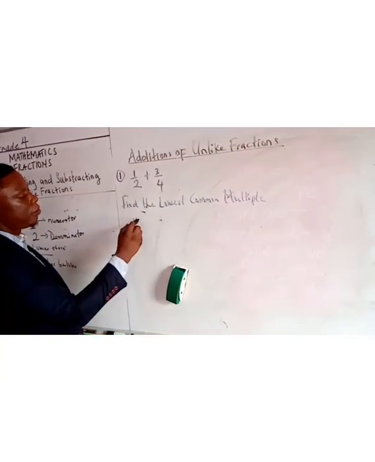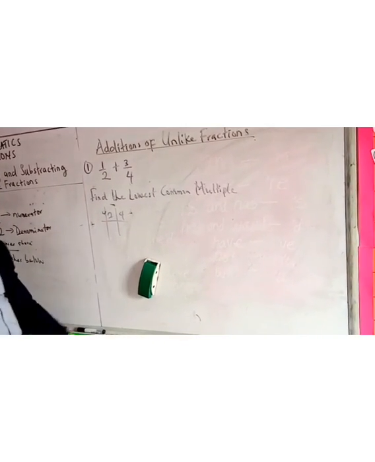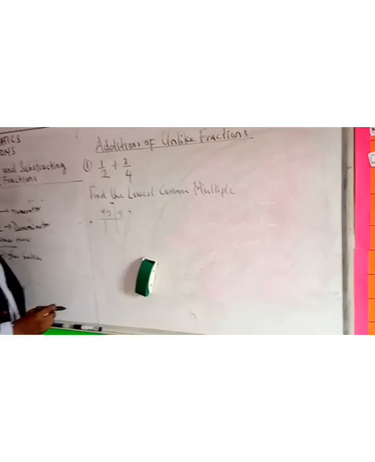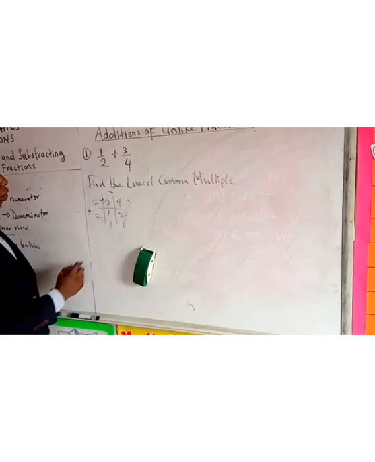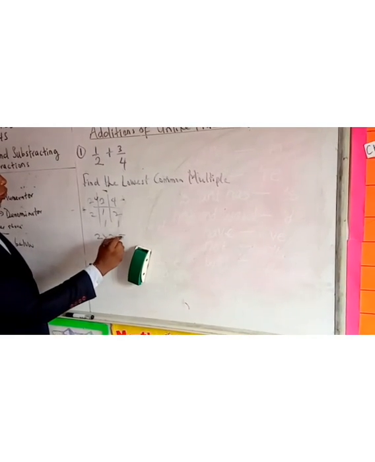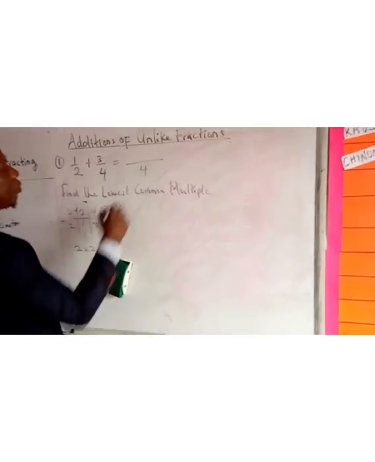If I define the lowest common multiple for 2 and 4, we go with numbers that can divide both sides without any remainder. So 2 multiplied by 2 will give you 4. So we come here, we have 4.